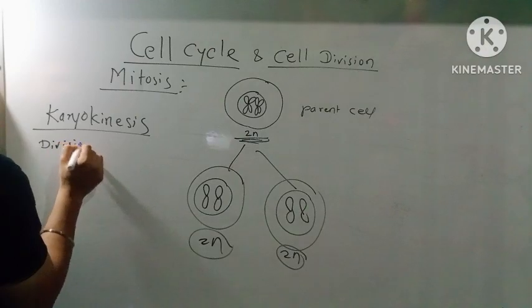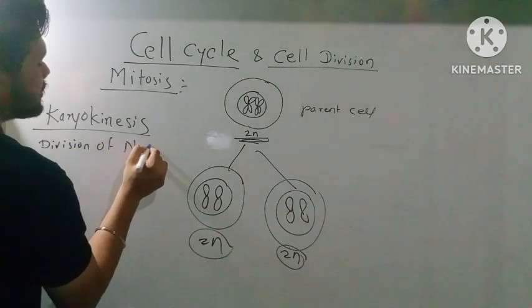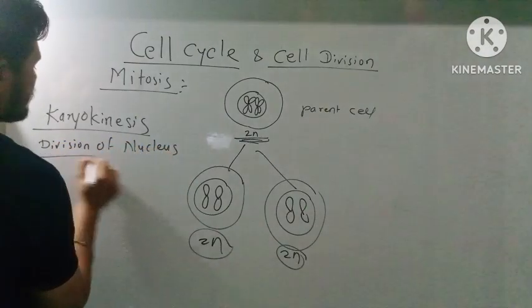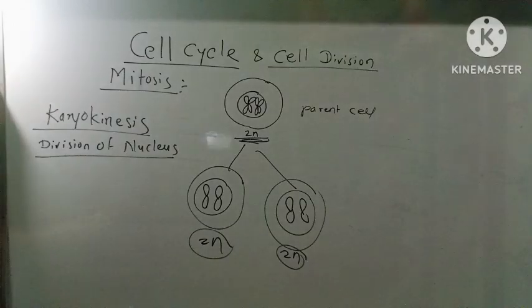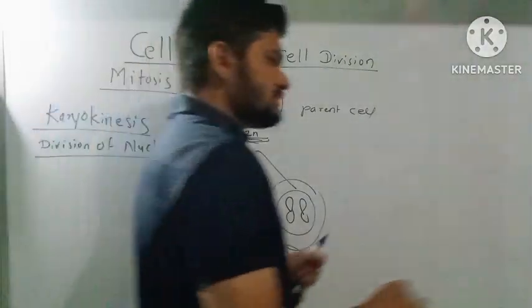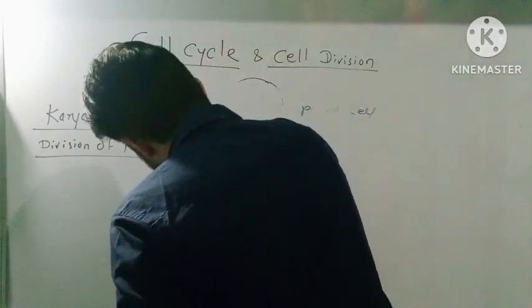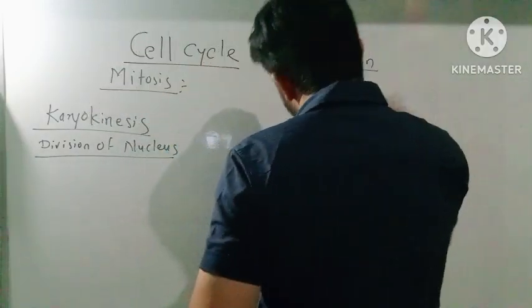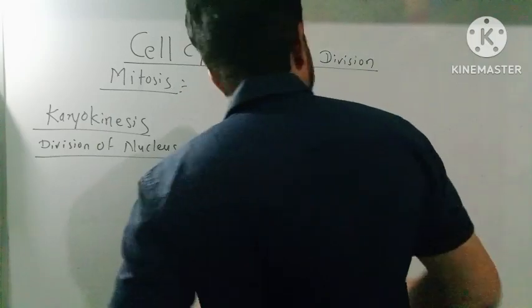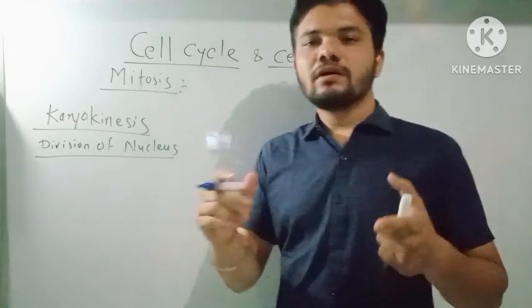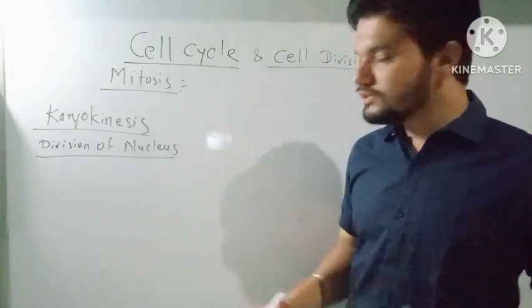Division of nucleus. Let me just erase this. Karyokinesis is again divided into four phases: prophase, metaphase, anaphase, and telophase.